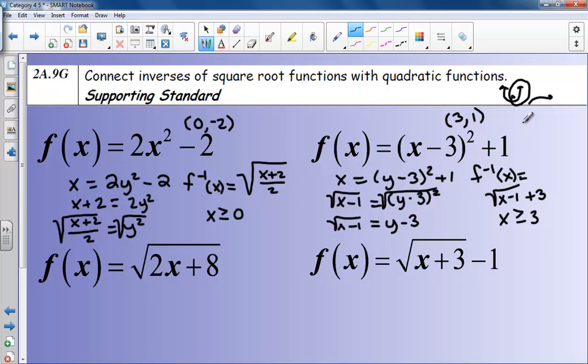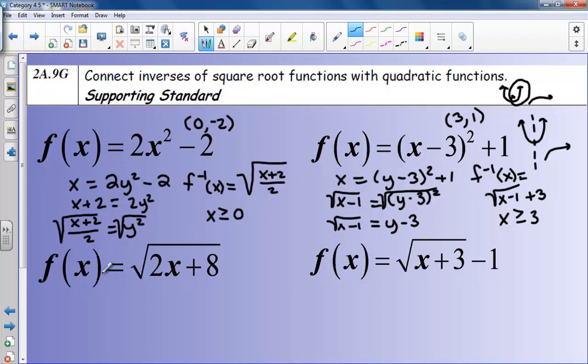So in other words, when I graph that quadratic, here's my vertex point, and I'm saying only use this side of my parabola, because this side over here wouldn't produce a function if I did that, so I've restricted this.